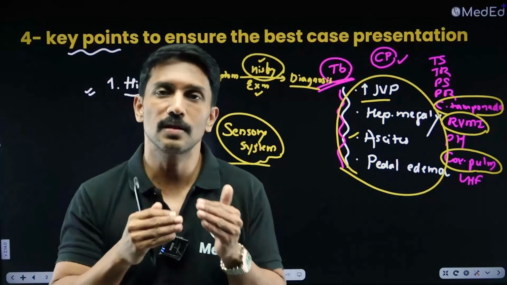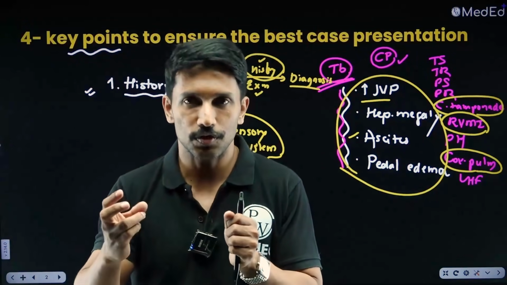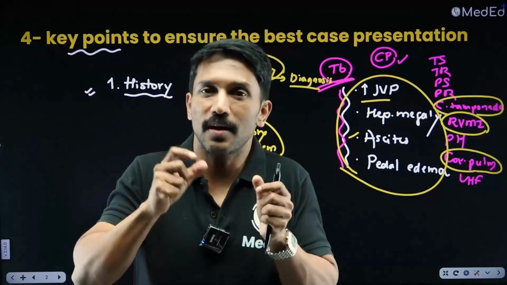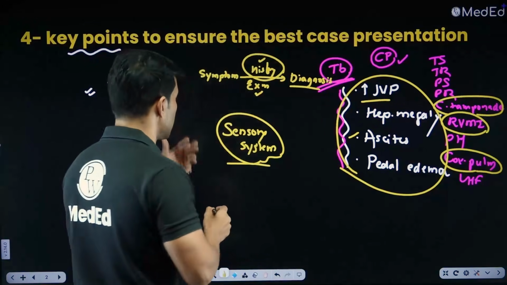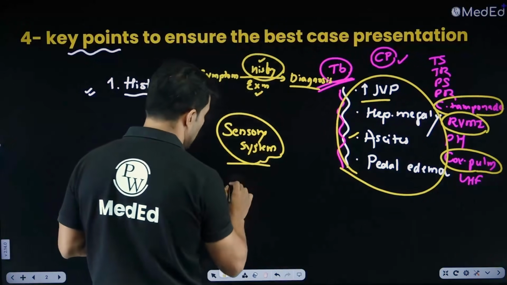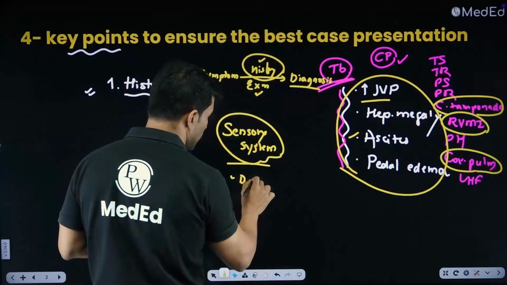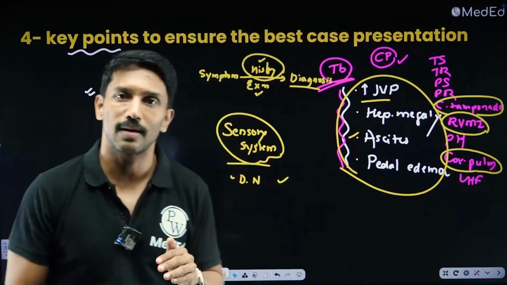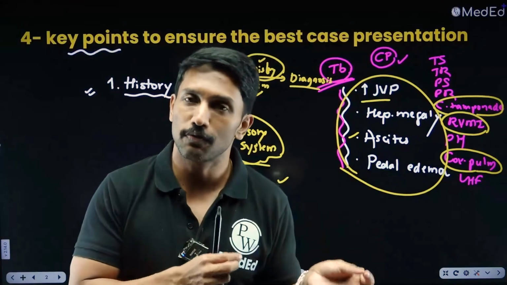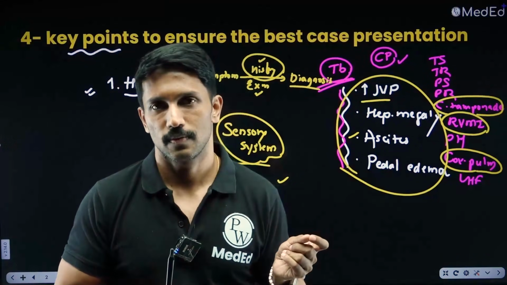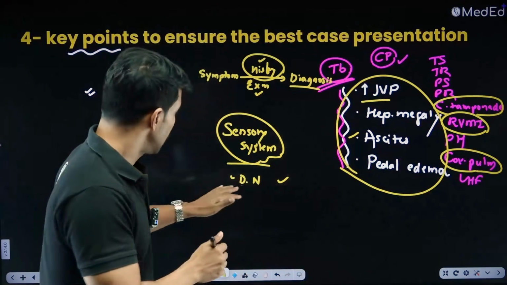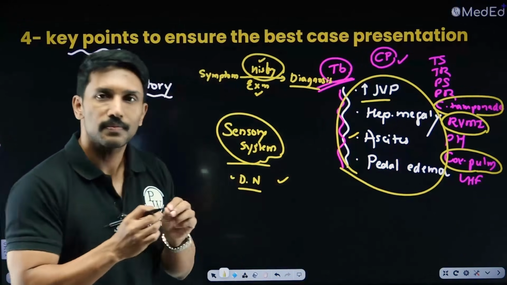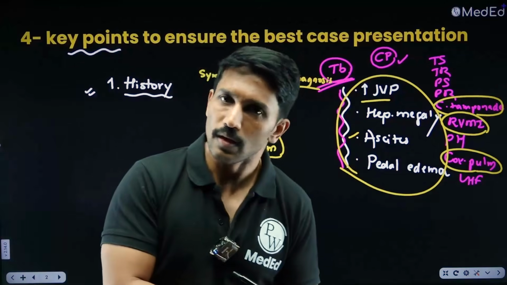And now in the history itself, make an attempt to ask leading questions, trying to extract what could be the possible cause. Like if I'm thinking diabetic neuropathy is a possibility, I will ask whether the patient is a known diabetic or is on any medications for diabetes. If yes, then this differential diagnosis becomes more likely, right?